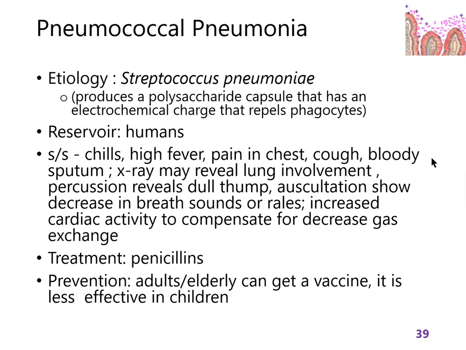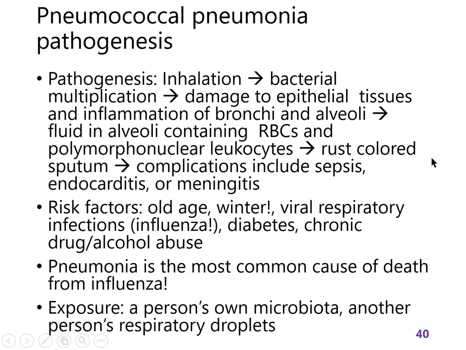This kind of pneumonia is a major hazard to older people, and that's why we push the vaccine that can protect people against Streptococcus pneumoniae. So what happens? Well, people will inhale the bacteria and it will attack their epithelial tissues, and that's going to lead to an immune response.